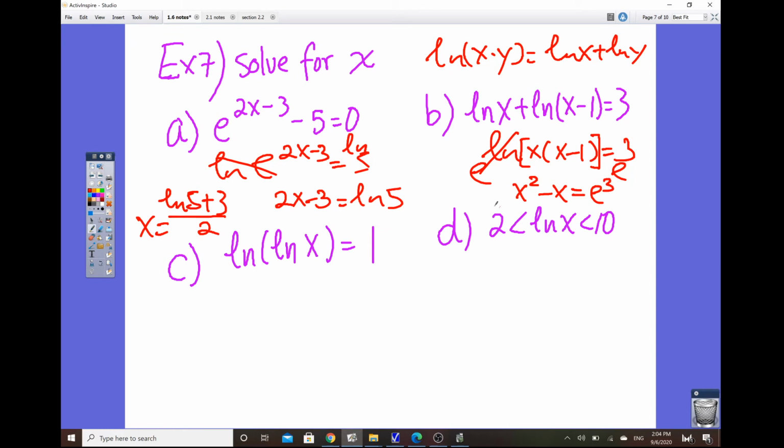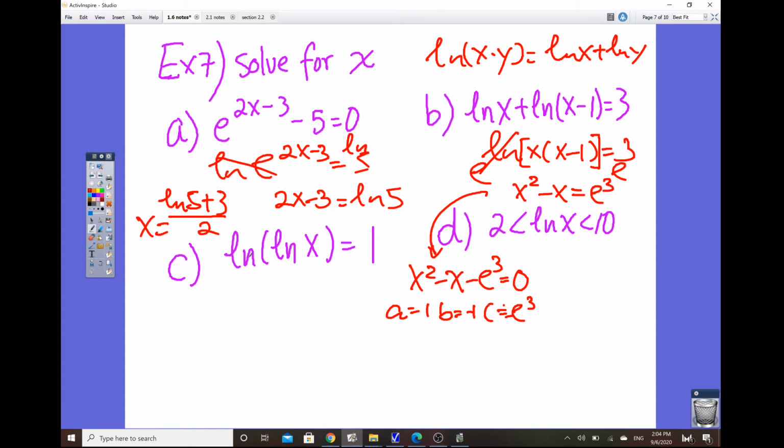So that means we can bring everything together to one side, because the whole thing is considered quadratic. And then from here, we can use the quadratic formula. So a is 1, b is negative 1, and c is negative e to the power of 3. So you want to put it into the quadratic formula, so you can just solve for x.